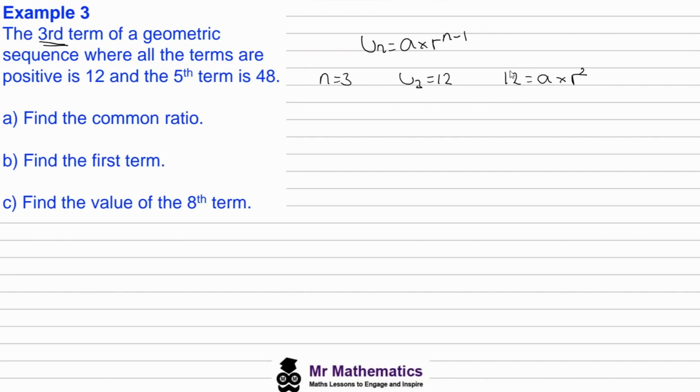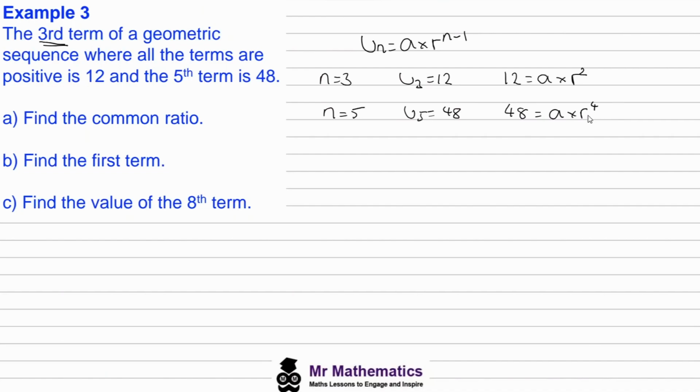And we've also been told that the 5th term is 48. So now we know that n equals 5 and U5 is equal to 48. Well, now we can say that 48 is equal to A times R to the 5 minus 1, R to the 4.